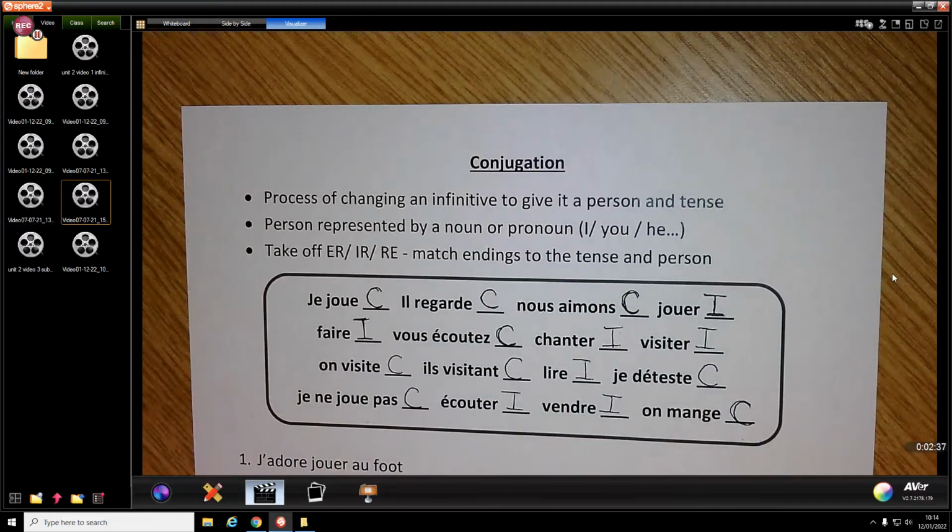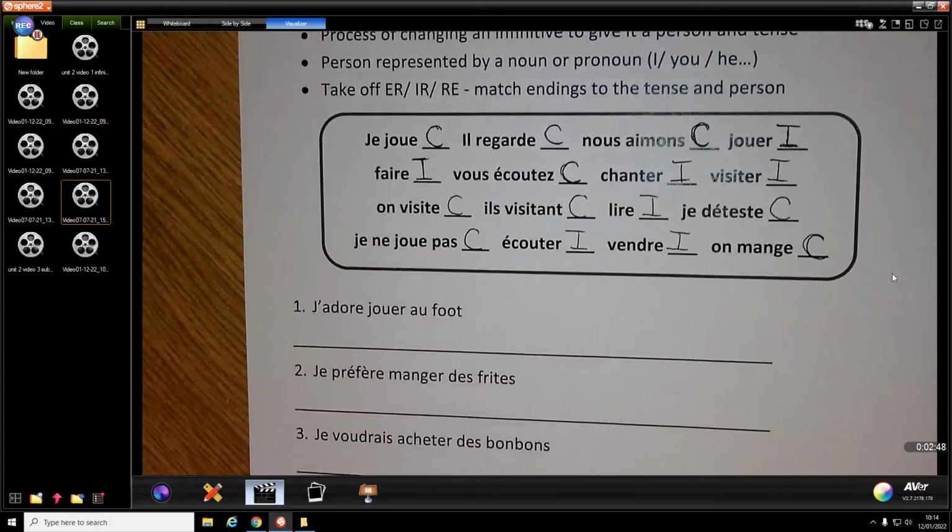Brilliant. So at this point we should be able to recognise, when we see them written down, which of our verbs are infinitives and which of our verbs have been conjugated. We're going to look at these in some sentences.